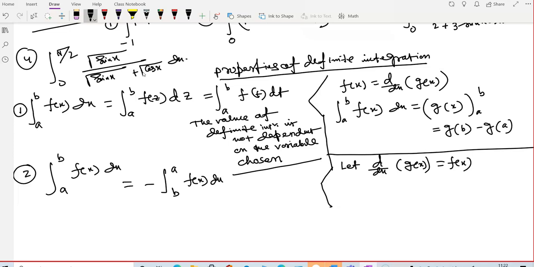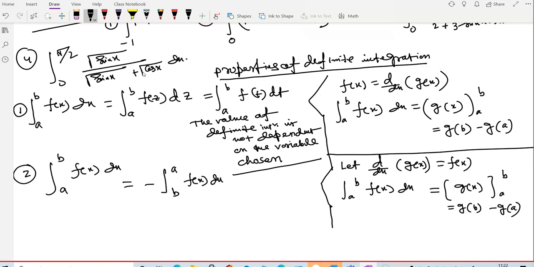Then you have referred g(x) as the primitive. So once you get integral a to b of f(x) dx, the value going to be g(x) from a to b. Answer is g(b) minus g(a).